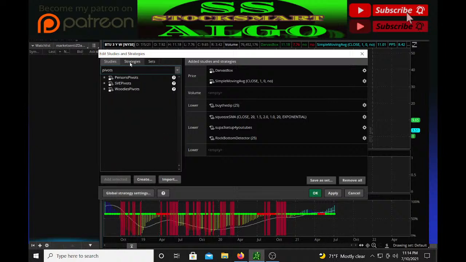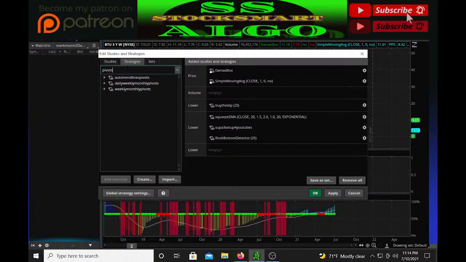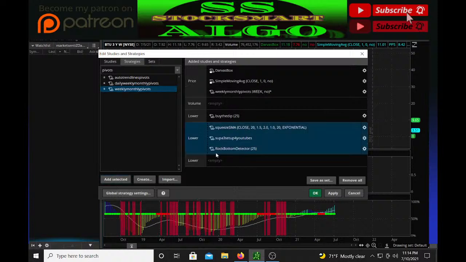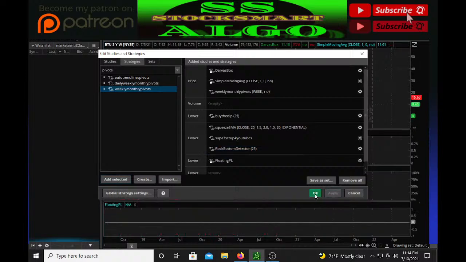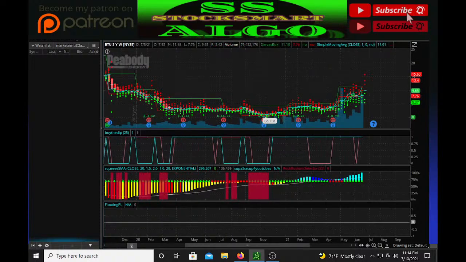Let's see what happened to them. Strategies. And we'll go to the weekly and monthly pivots. Okay. Let's add that up here. We'll hit apply. Now, that is in the wrong spot.